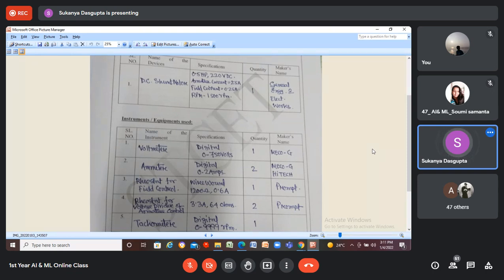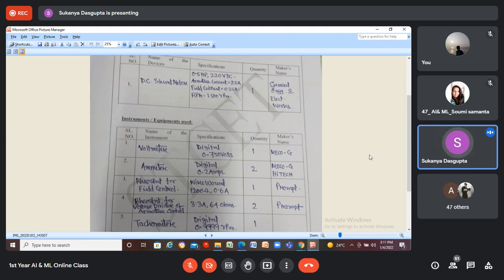Rated speed will always be measured in RPM, revolutions per minute. It is 1500. Maker's name is General Engineering and Electrical Works.